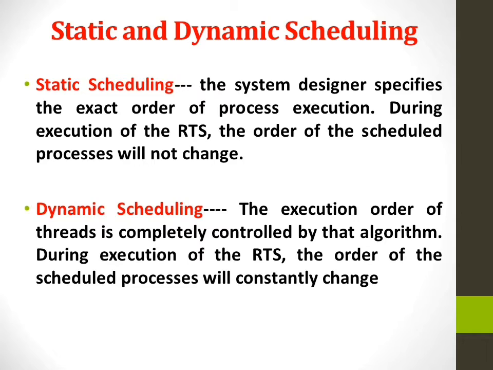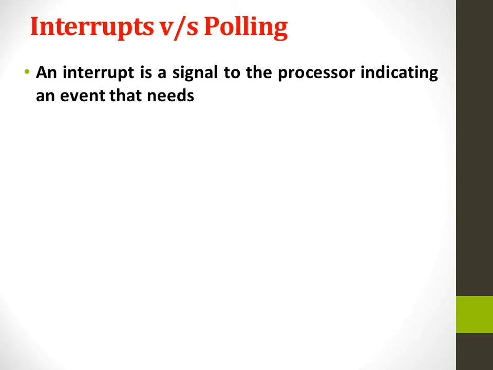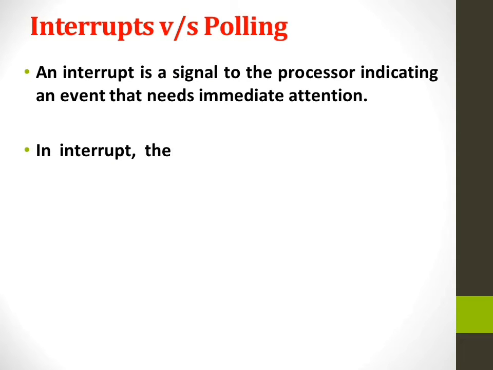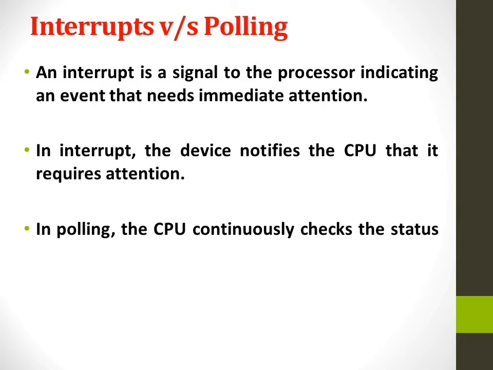Next question, what is interrupt-based polling? An interrupt is a signal to the processor emitted by hardware or software indicating an event that needs immediate attention. In an interrupt, the device notifies the CPU that it requires attention, whereas in polling, the CPU continuously checks the status of the device to find whether it requires attention.